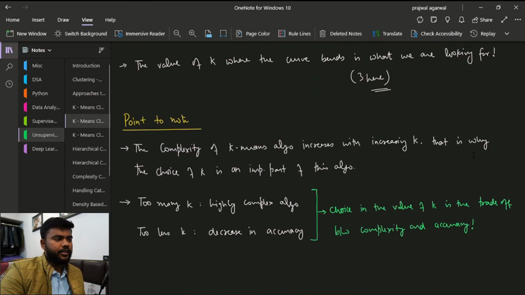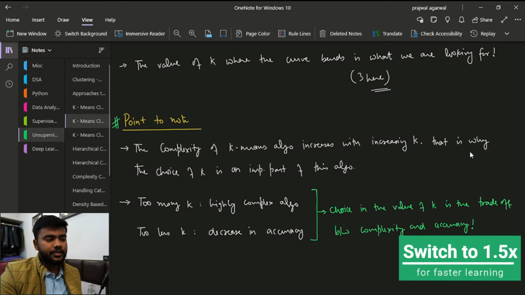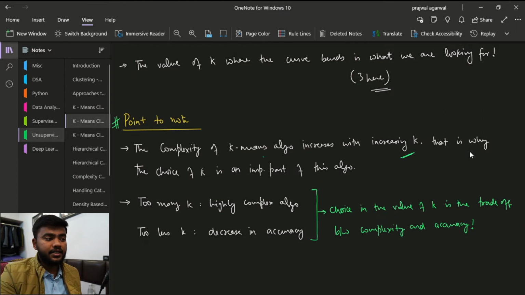Now there are certain points which I have already discussed, but we will go over them once again because they are important. The complexity of the k-means algorithm also increases with increasing k. That is why the choice of k is a very important part of this algorithm. It is obvious that if we keep on increasing the value of k, our model is going to be better and better.